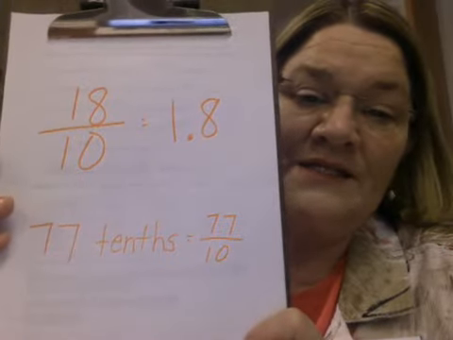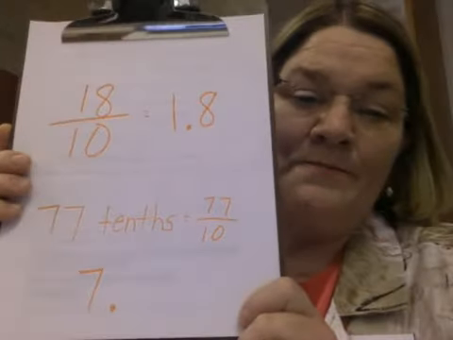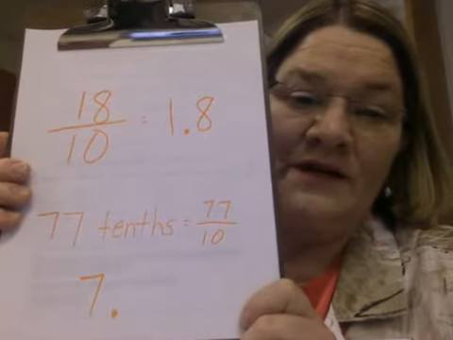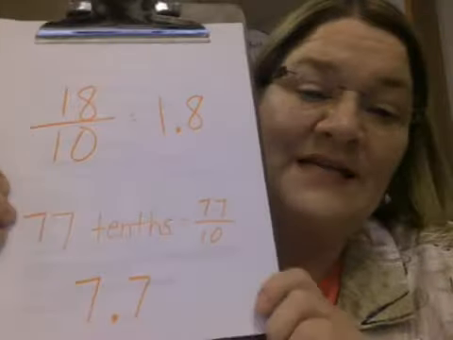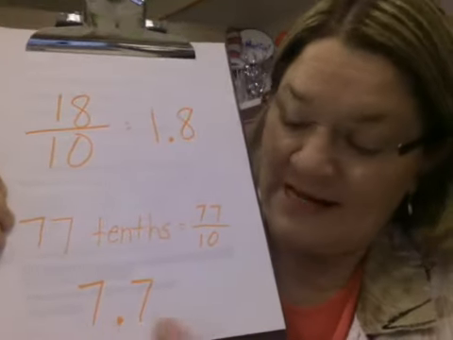Looking at that, you can see that there are 70/10, so that's going to give us 7 wholes, 7 on the whole side of the decimal point. And then that would leave us left over with 7/10. So 77/10 written in decimal form is 7 and 7/10.